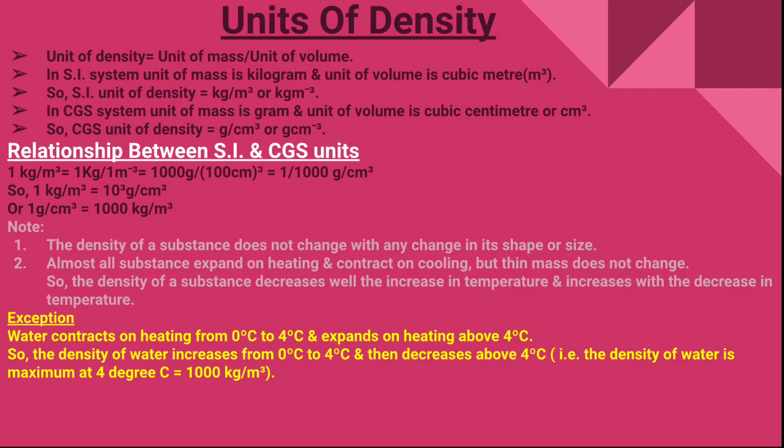Here it will be 10 to the power 3, that is 1000 kg per meter cube. 10 to the power 3 means 10 into 10 into 10, that is 1000 kg per meter cube. Or you can say 1 kg per meter cube is equal to 1 by 1000, that is 10 to the power minus 3 grams per centimeter cube.